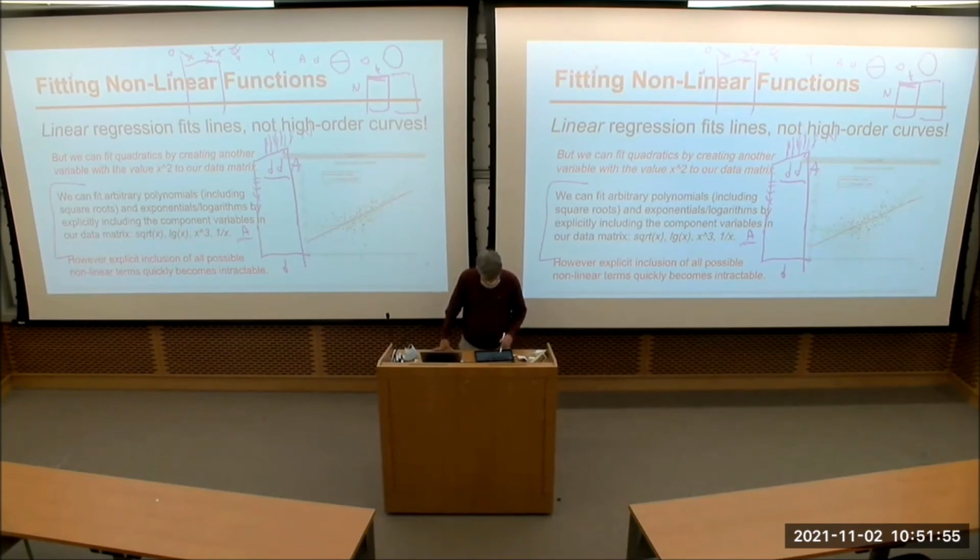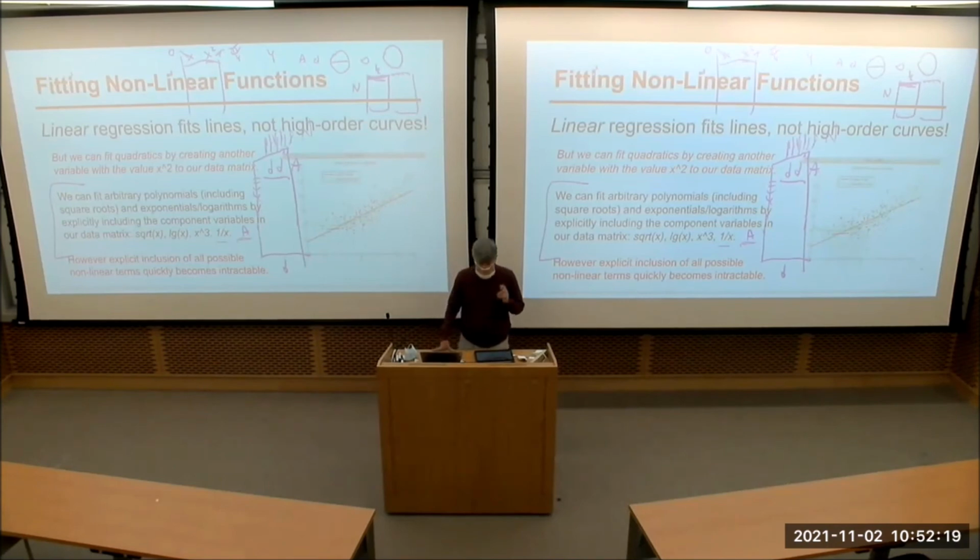You could add 2 to the x. You could add log x. You could add 1 over x. If you want a nonlinear fit, you add nonlinear functions of your input variables, and the best fitting line in these nonlinear terms is going to be the best nonlinear fit in those terms.